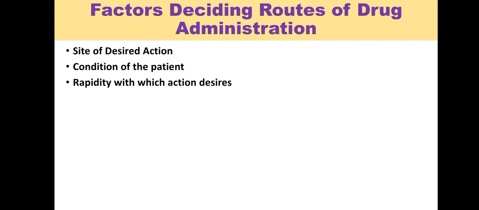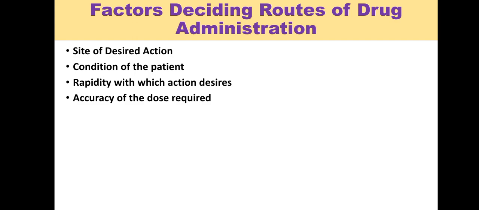So there are multiple factors that will decide the route of drug administration. Accuracy of the dose required. Suppose in the case of a headache, it doesn't make a difference if, out of 500 milligrams, in one case 300 milligrams reaches the target site, and in another case 350 milligrams. But in the case of dopamine, when you use dopamine in a cardiogenic shock, you require a fixed plasma concentration.